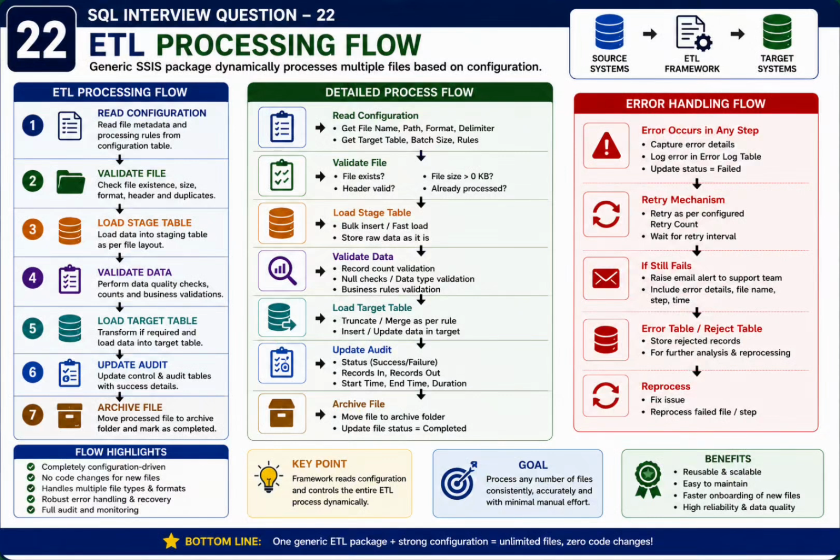Only after all validations are successful is the data loaded into the target tables using insert, update or merge logic. Once completed, the audit tables are updated with execution details such as row count, execution time and status. Finally, the processed file is moved to the archive folder so that it won't be picked up again.